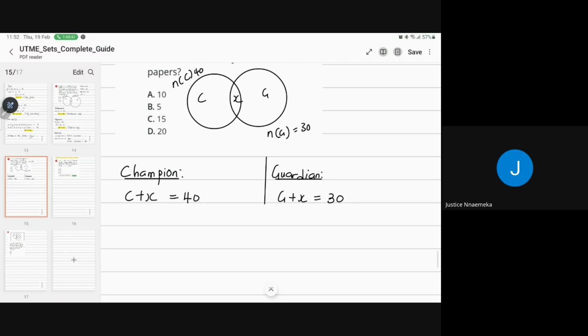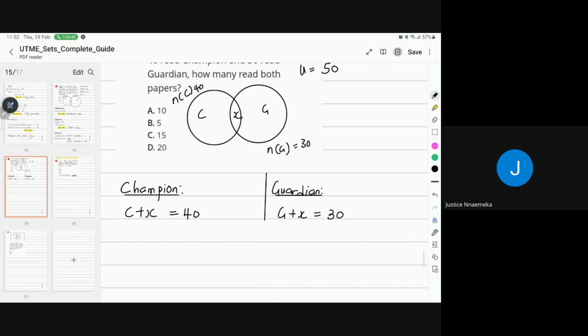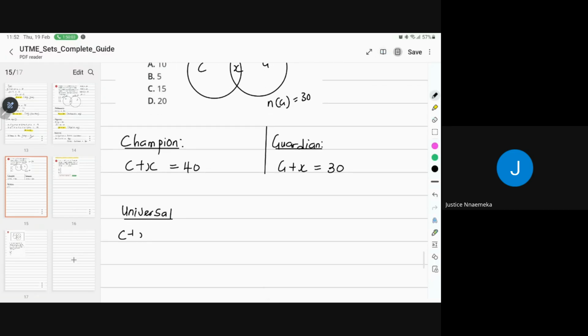Now, finally, for the universal set, we'll have C plus X plus G equals 50. Remember, these are what? Equation 1. These are what? Equation 2. And these are what? Equation 3.